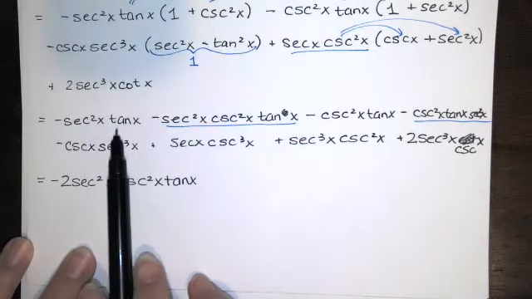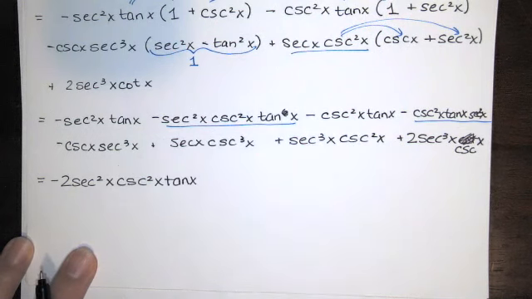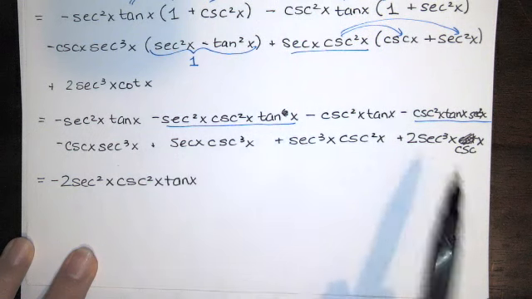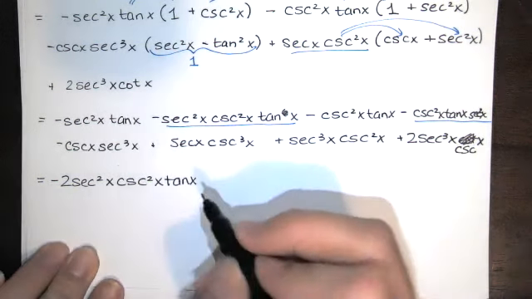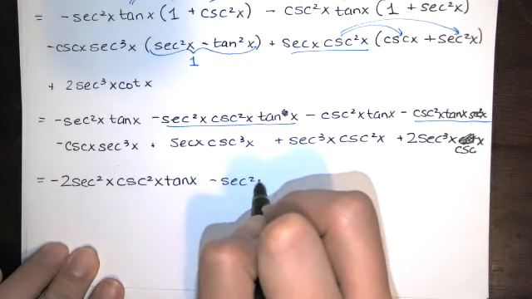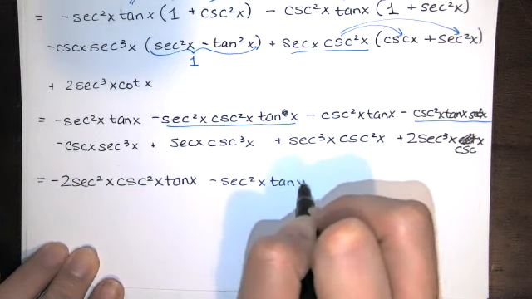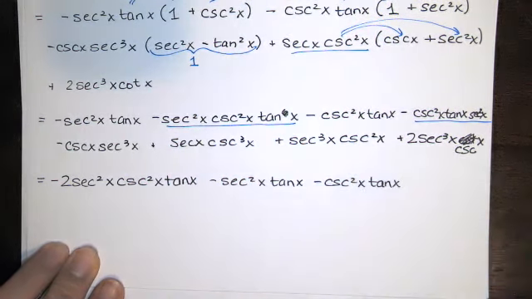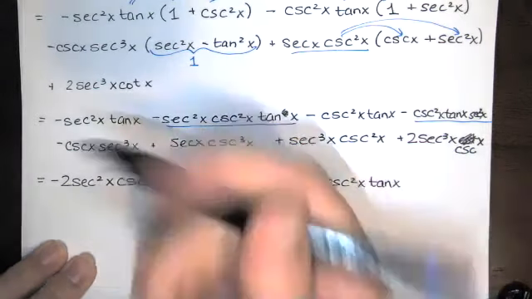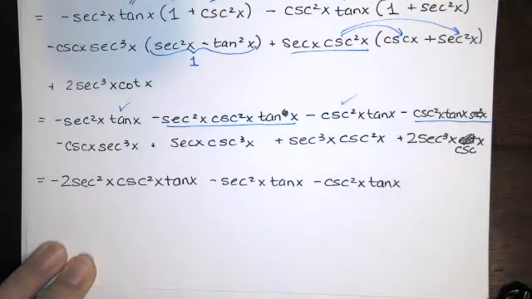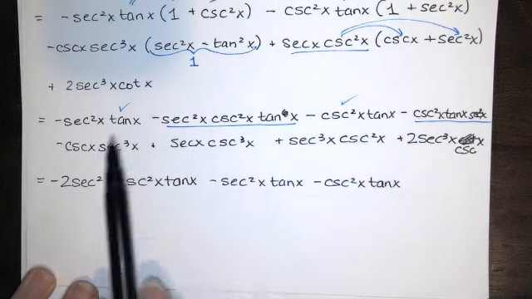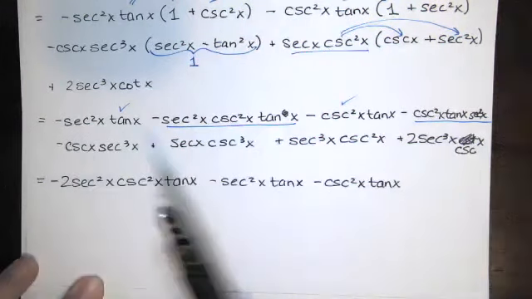And then here, I guess we've got cosecants and tangents. We don't have those anywhere else, so I can just write those down. Negative secant squared x tangent of x minus cosecant squared x tangent of x. Okay, done and done. Down here, I've got 2 of these here, and I'm subtracting one of them, so now I have one of them.